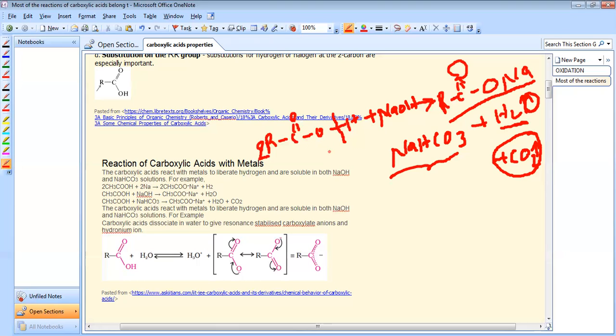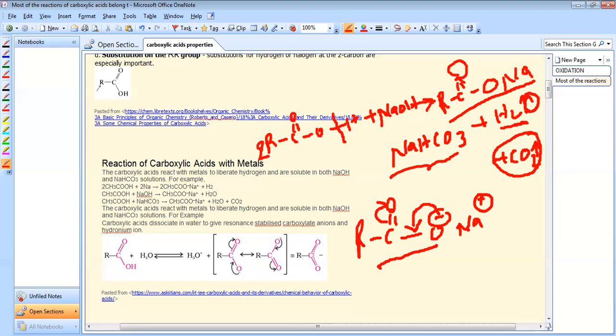So here, the resultant product is what? The salt of carboxylic acid. We can represent the salt of carboxylic acid like this, C double bond O, and Na plus. An ionic bond is formed between these two. And this is the carboxylate ion, and this carboxylate ion gets stability by participating in resonance.